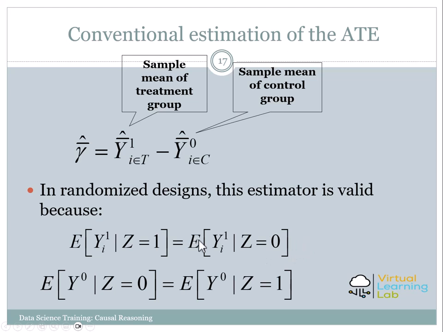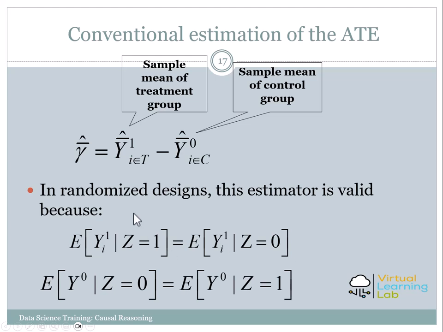In other words, even though the potential outcomes in the treated condition for the control group are missing, the outcomes for the treated group represent all potential outcomes. Therefore, the mean of the treatment group is an unbiased estimate of the expected value of the outcome in the treated condition for all participants.